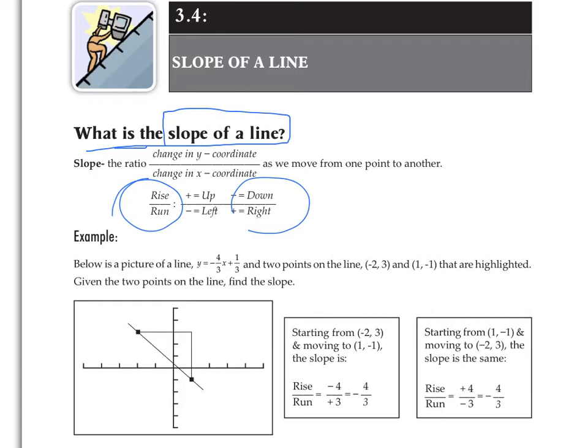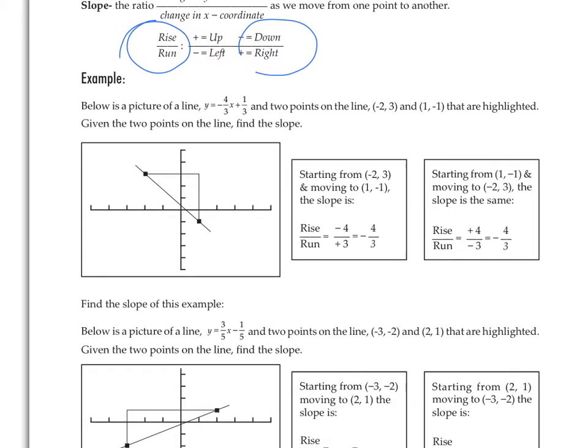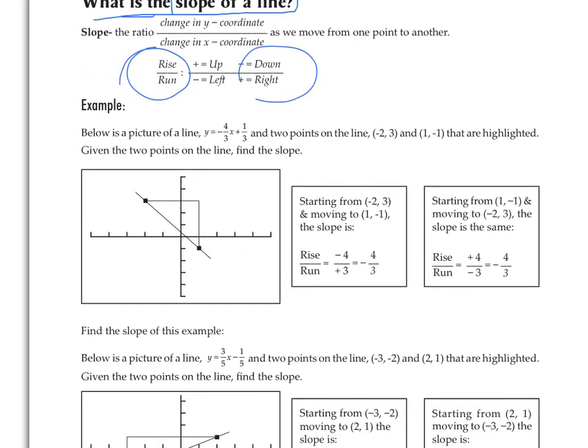Down here there's a couple of examples about how to figure out the slope when you're looking at the graph of a line.